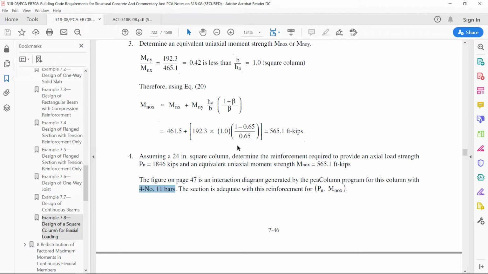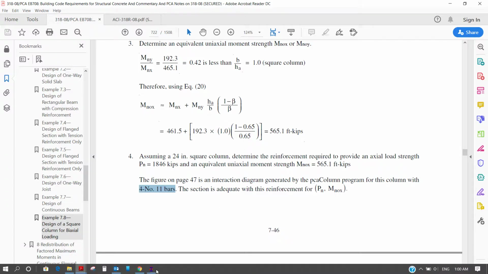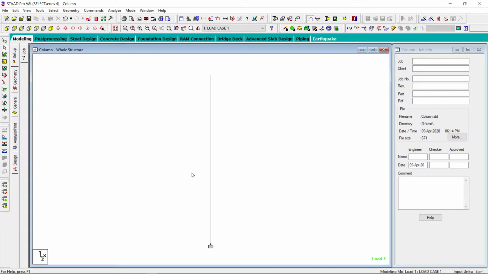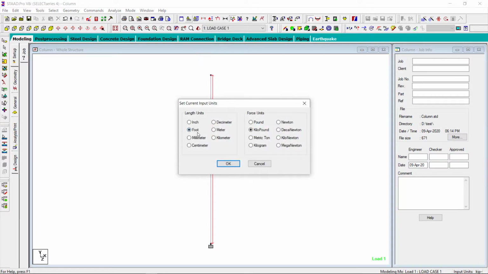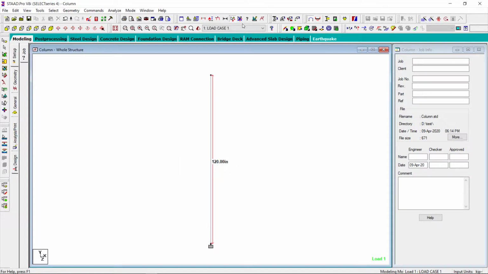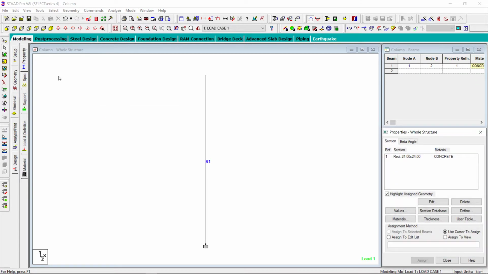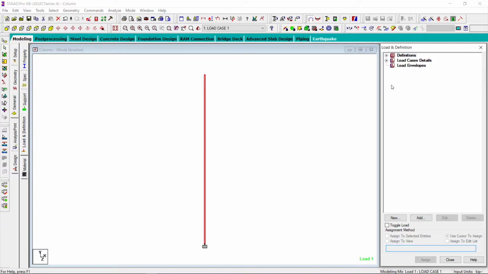Now let us check what STAAD can do. I have already modeled this column, same 10 feet. Properties, 24 inch by 24 inch. Loads are defined.